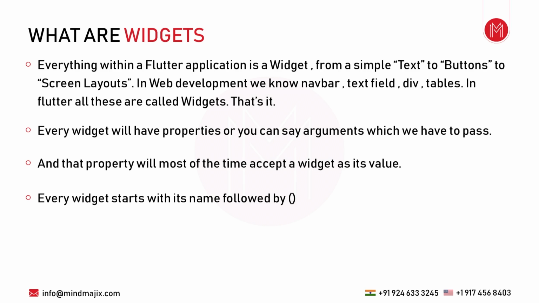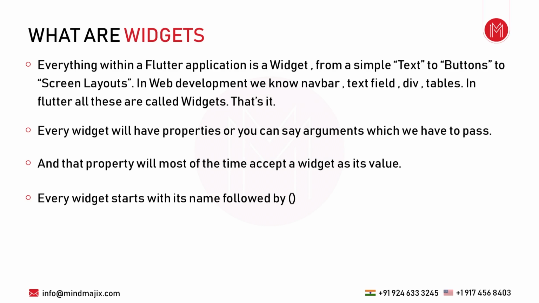If you remember the named arguments concept from the earlier Dart tutorials we have already done, in the same way, every widget is also a function, you can say, because in the Flutter core code, it's mentioned like a named argument.